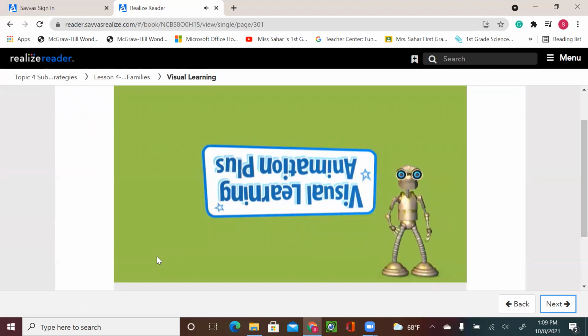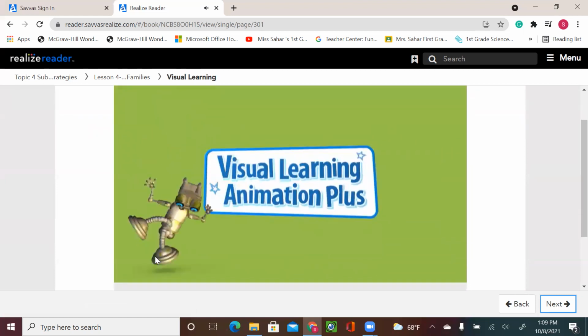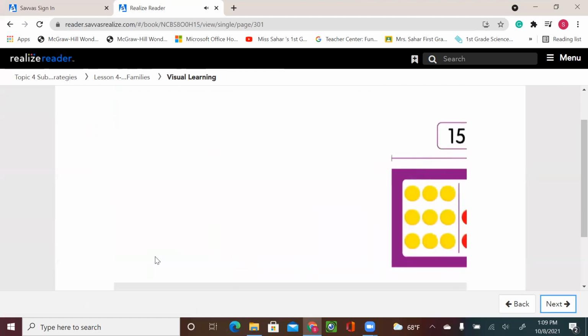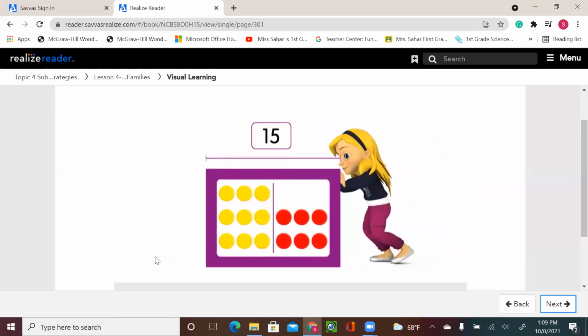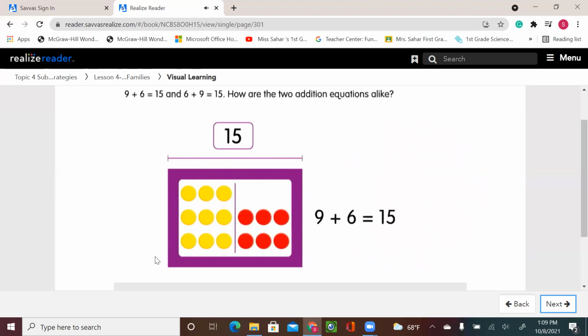Let's watch our video. You can write two addition facts for this part-whole mat. 9 plus 6 equals 15, and 6 plus 9 equals 15.